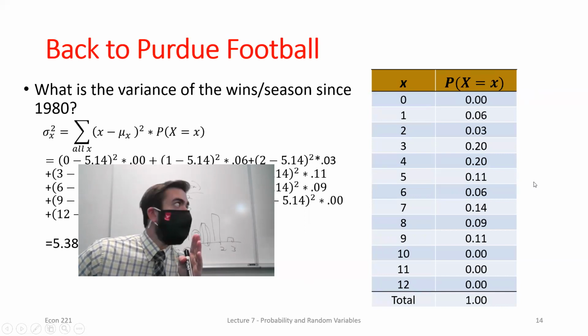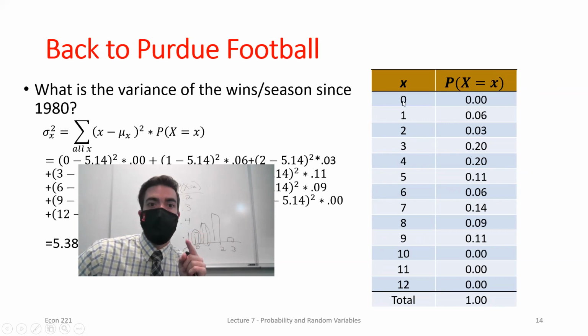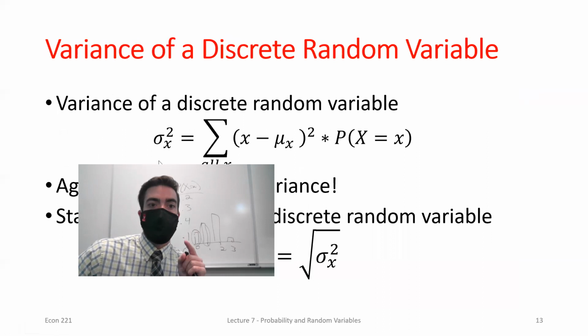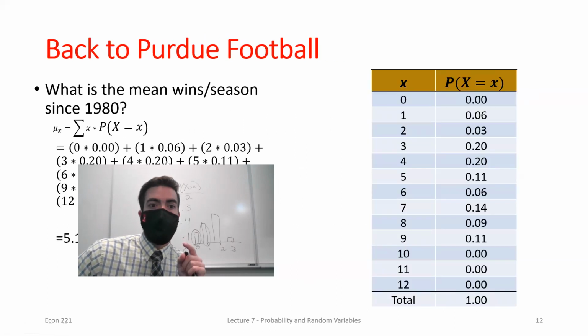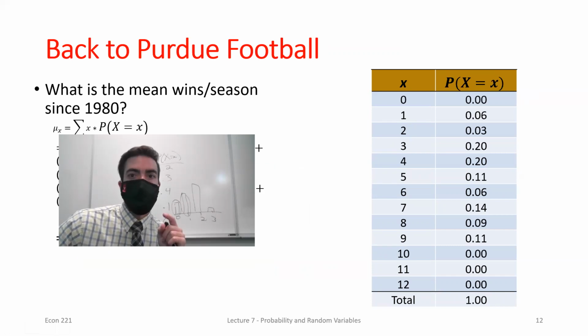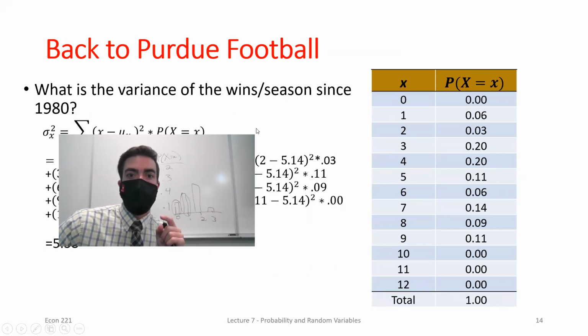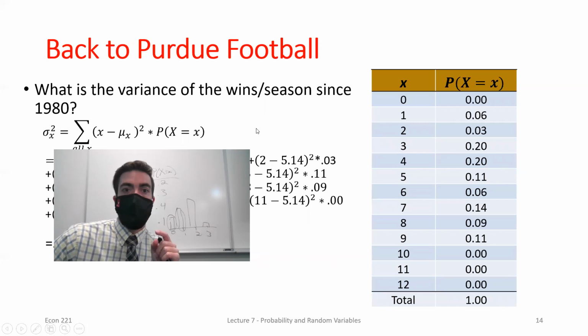If you wanted to, I think that would be a good way to do this, where I go, okay, here's the first outcome, 0. I'll subtract that mean, which in the last couple of slides we found was 5.14. So we'll take that first outcome, 0, subtract that mean of 5.14, square it, and then multiply it by the probability that we saw 0. So just multiply it by 0, write that number down.